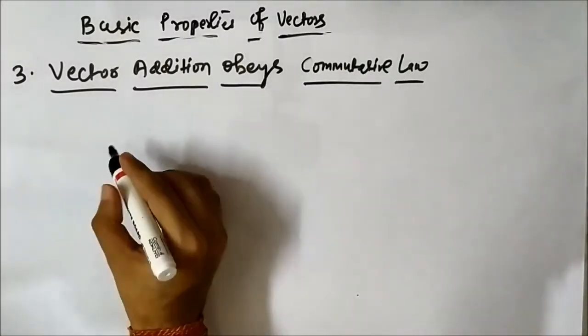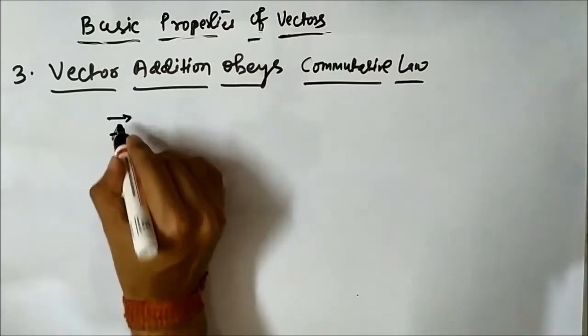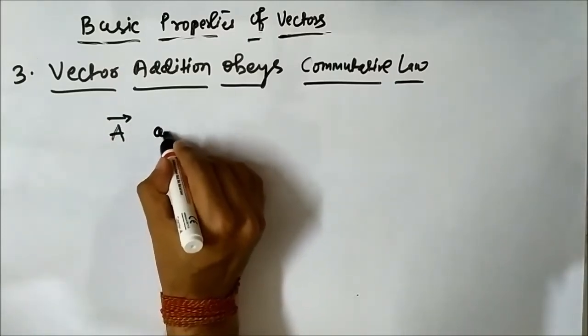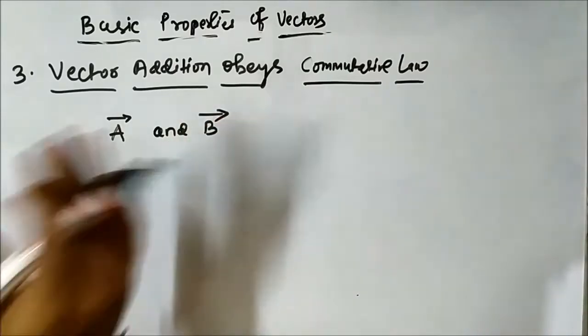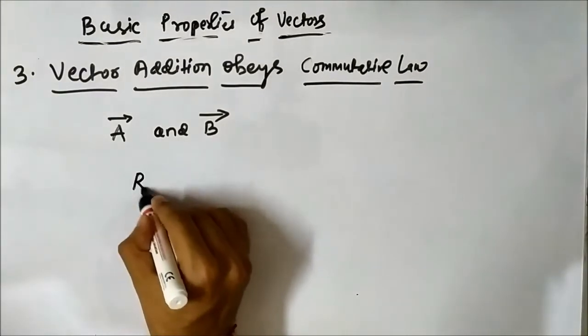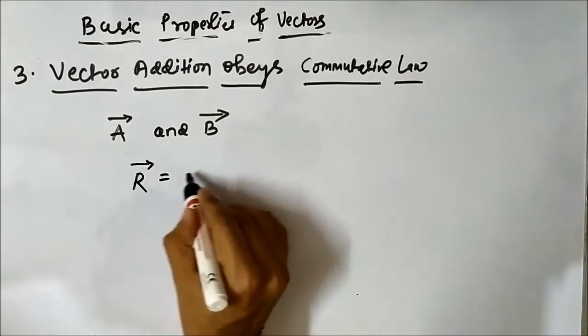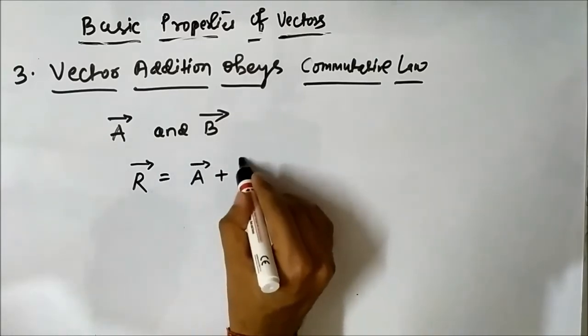So let us say we have two vectors, a vector and b vector. The resultant of these two vectors, let's say, is r vector, which is given by a vector plus b vector.